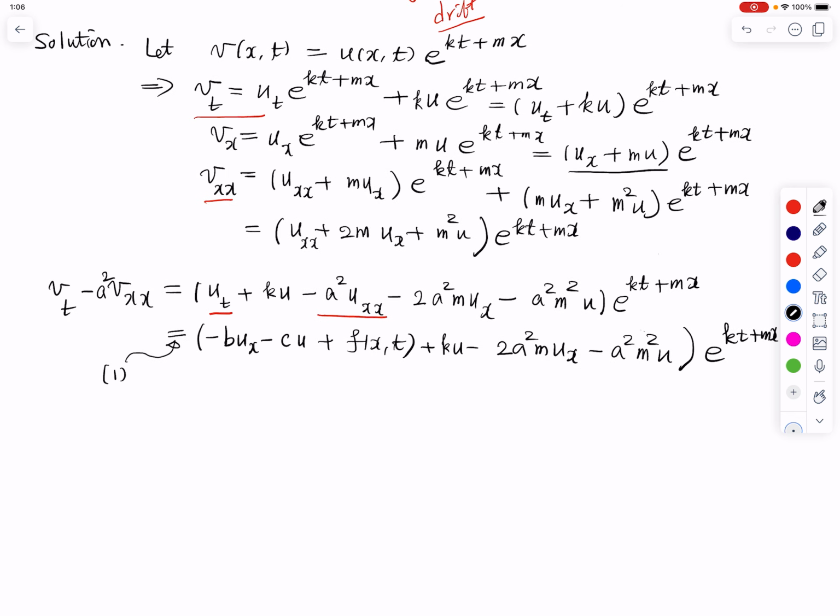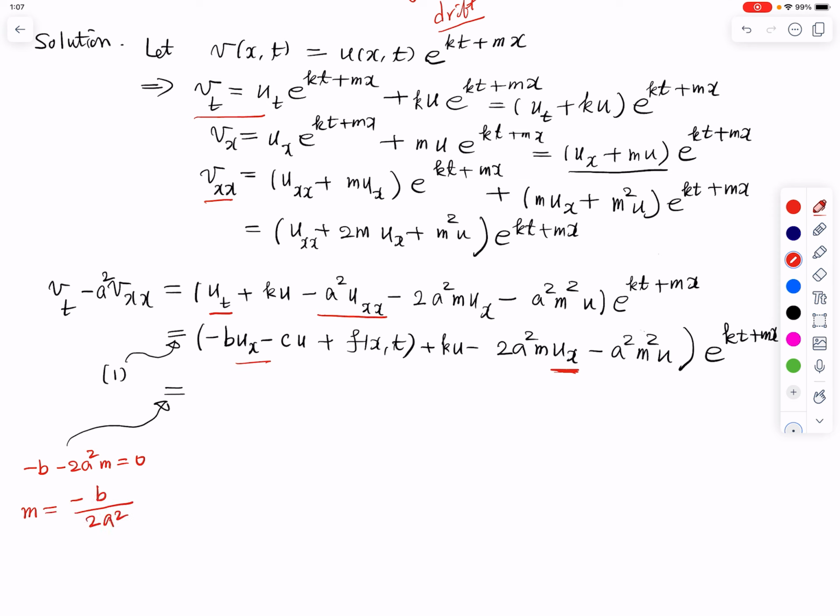And then I'm going to take this one. Let's look at that part. This one with this derivative, I'm going to remove. So I'm going to take b minus 2a square m equals 0. So I'm going to take m equals minus b over 2a square.